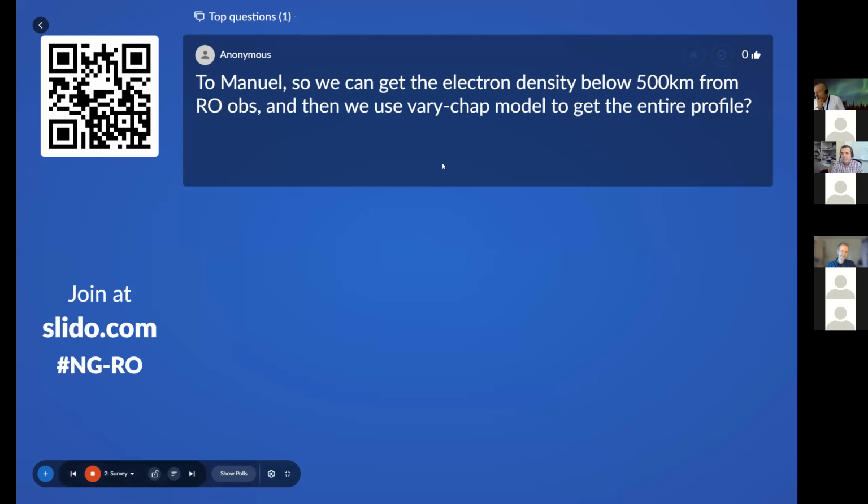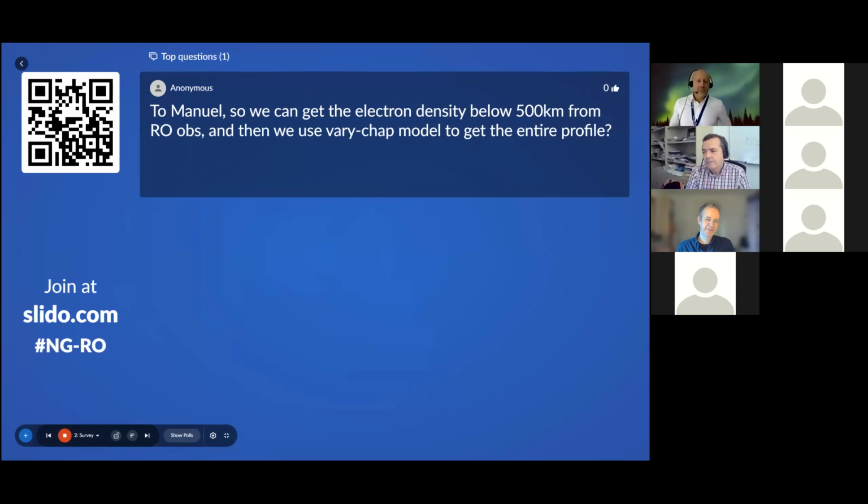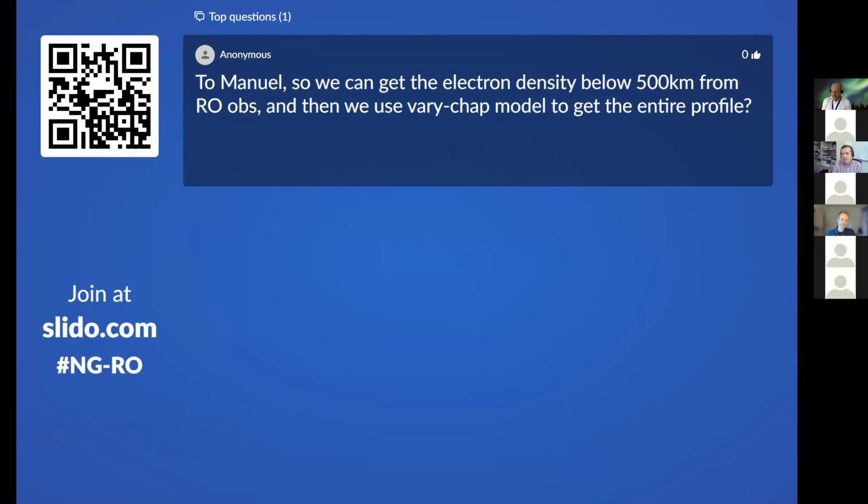So we can get the electron density below 500 kilometers from RO observations, and then we use the Vary-Chap model to get the entire profile. That was asked by someone in the chat. Yes, this idea can be applied, and in fact we applied it in one of the approaches, but it should be done iteratively. You can use a background model, but we prefer to avoid background models as much as possible.